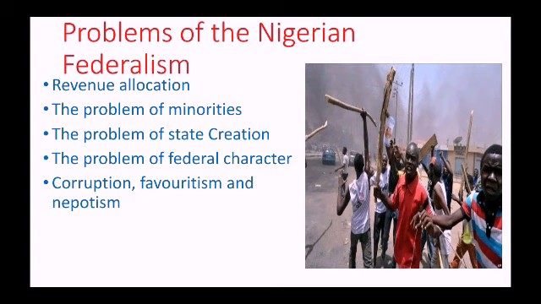Again, we have the problem of federal character. Federal character is all about giving appointments to citizens, having into consideration where these citizens come from, ensuring that each region gets an appointment and that there is no favoritism or nepotism.